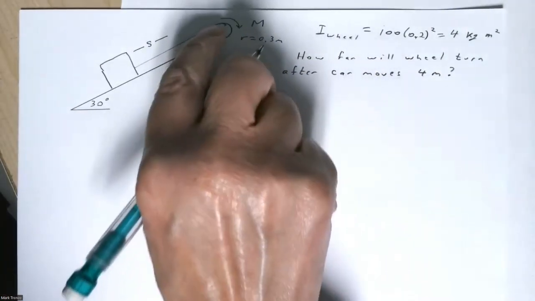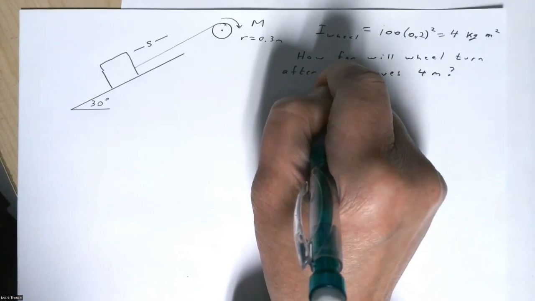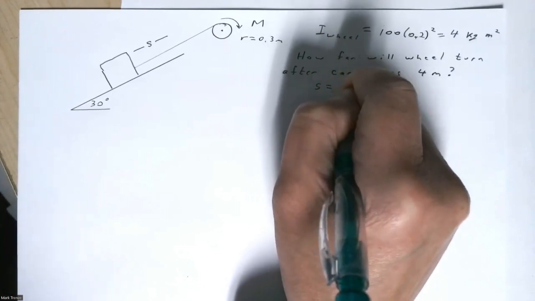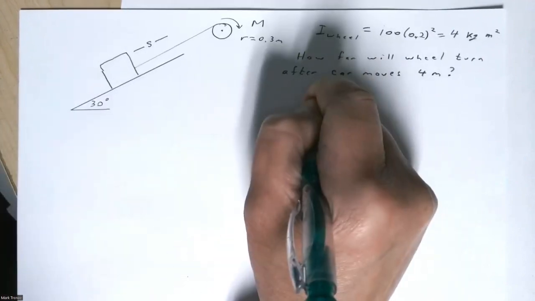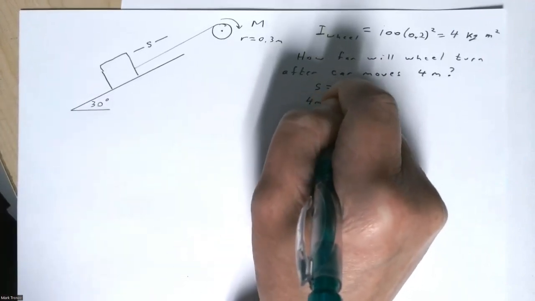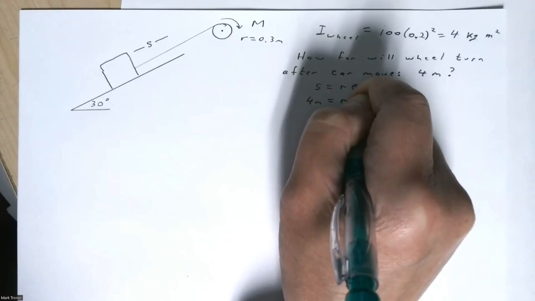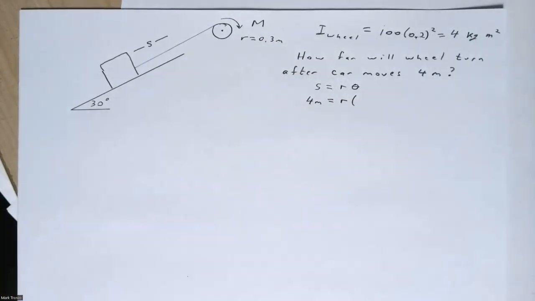Now, S will be equal to the radius times theta. So we know this is moving up 4 meters, and R was given as 0.3.